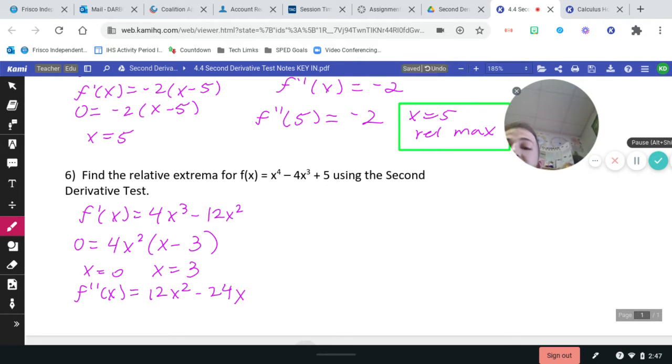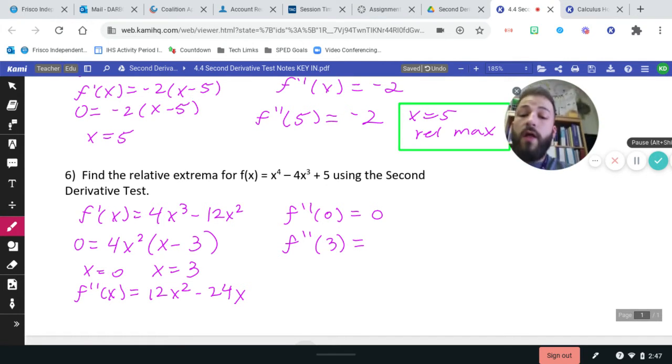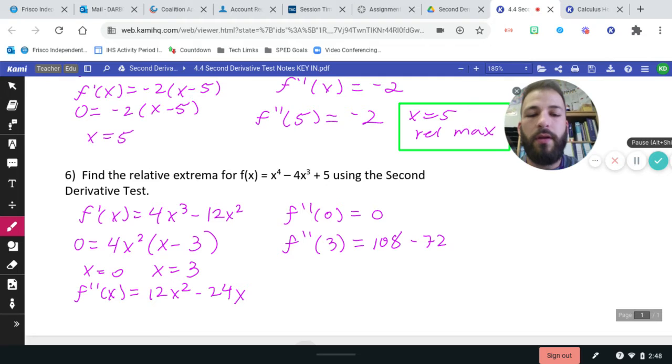Then we're plugging everything in, so f double prime of 0 would be equal to 0, and 0 is just 0. f double prime of 3 would be equal to 3 squared, 9, times 12 is 108, and then 24 times 3 would be 72, so minus 72, which would equal 36, which is positive. So 0 is nothing, but 36 is positive, which means x equals 3 is a relative min.